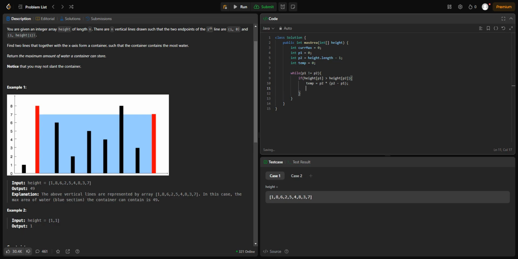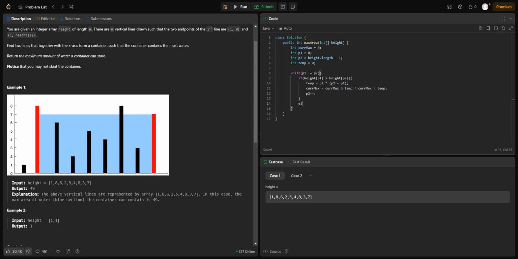And then, oh sorry, not max area, curmax equals curmax larger than temp, yes, take curmax, else take temp, and then we are going to have P2 minus minus.